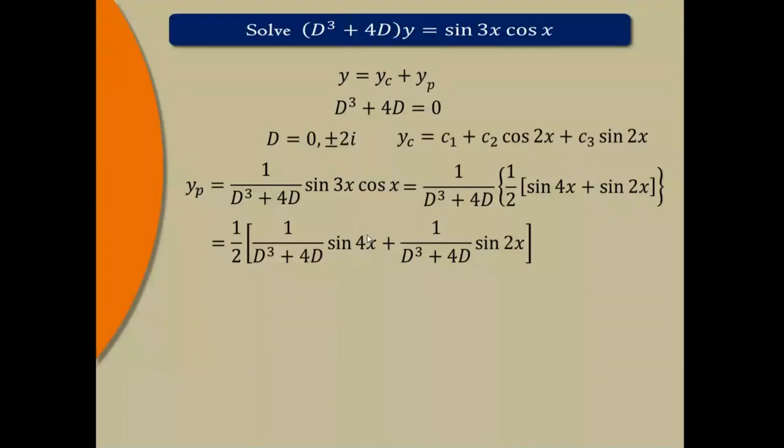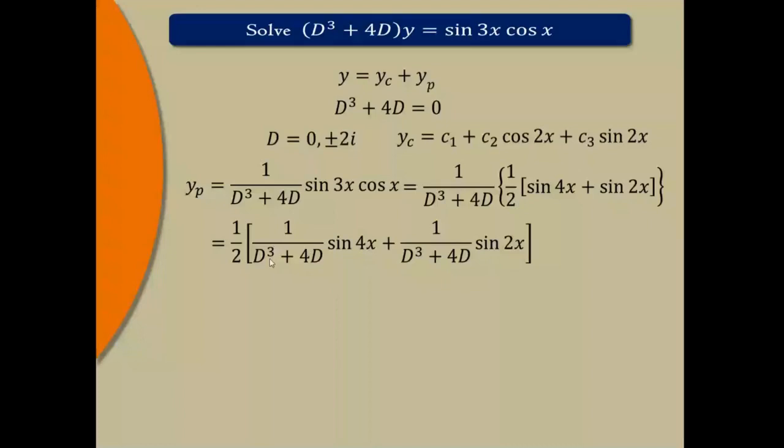Here D cube we can write as D into D square. If we replace D square by minus 4 square, that is minus 16, it becomes D into minus 16 plus 4D. Is it 0? No, it is not 0, so we can do the replacement here.